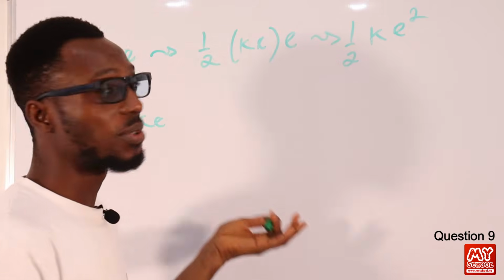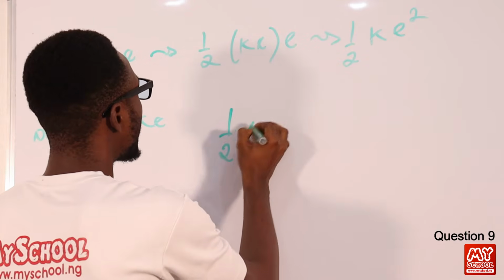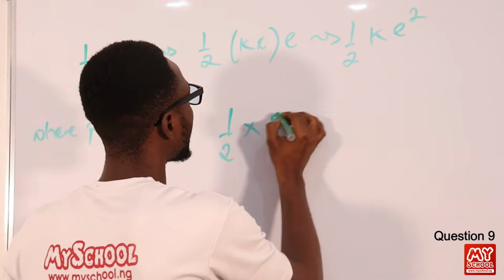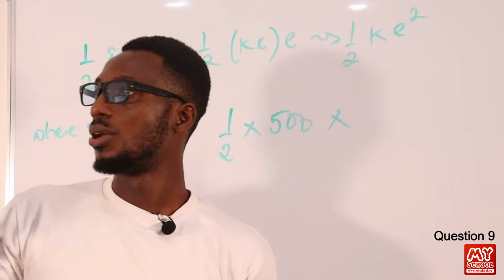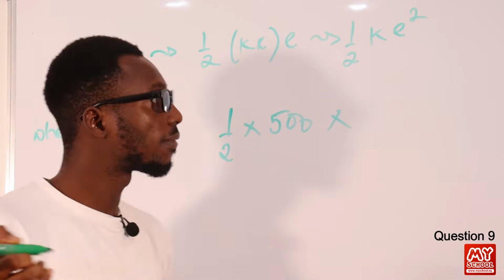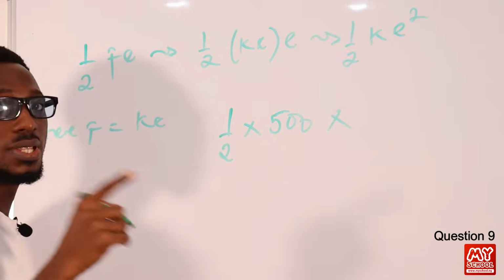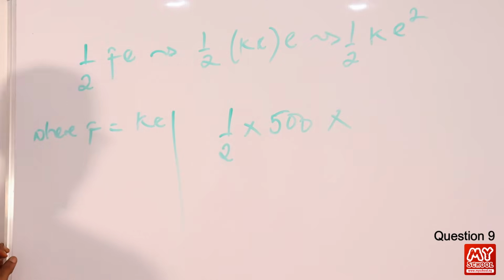I believe some of us know this very well. So let's work. We have half times K, that is the constant, that is 500, times e, the compression or the extension, which is 5 centimeters. Now it's supposed to be in meters, so at first we have to convert 5 centimeters to meters.